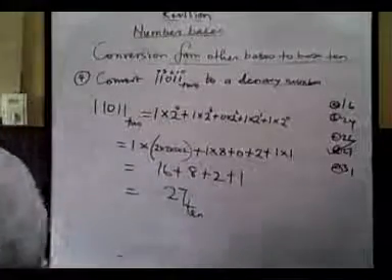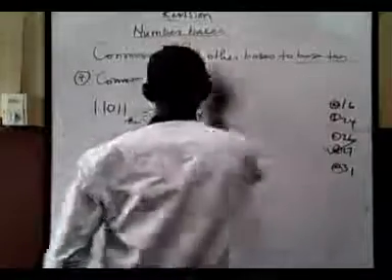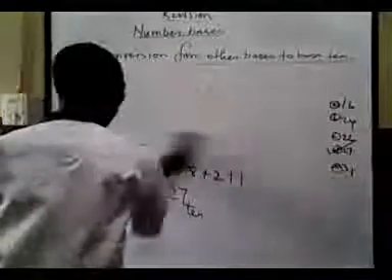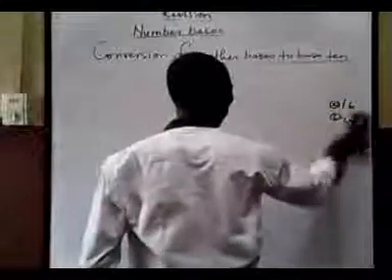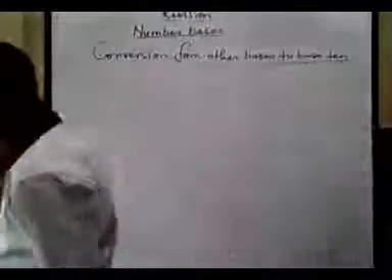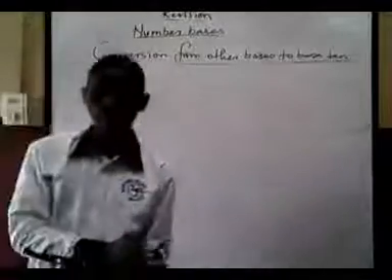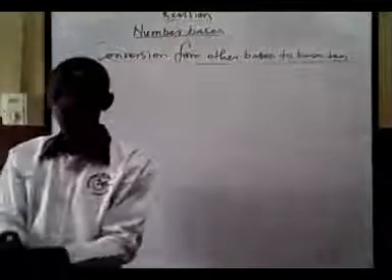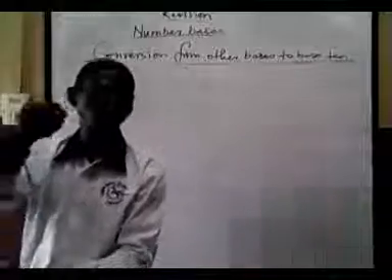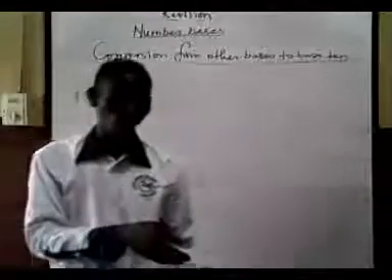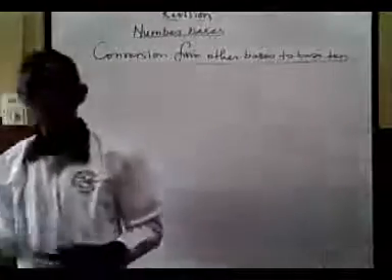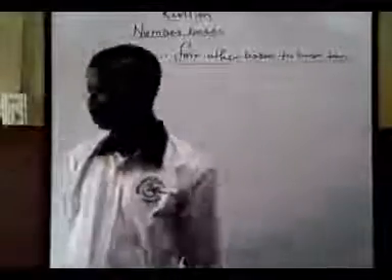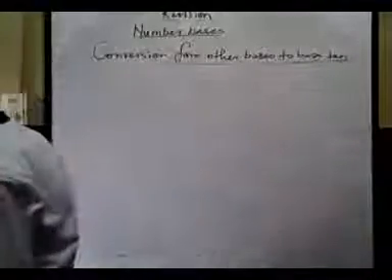Okay. Now, what of cases involving a decimal point? Please, you are seeing, when we are converting from base 10 to other bases, we will be dividing by the new base. When we are going from other bases down to base 10, we will be multiplying by the base.